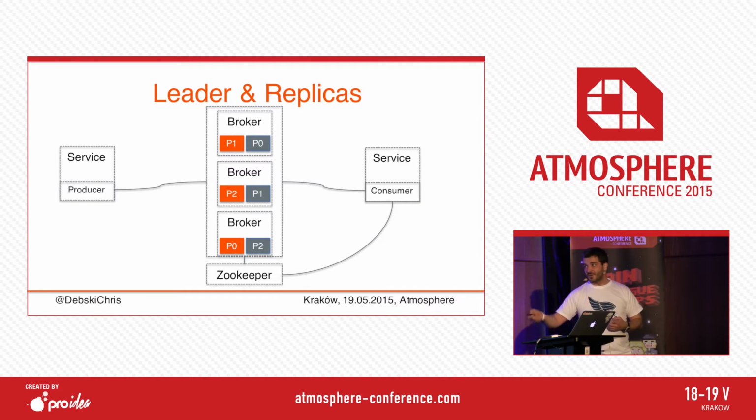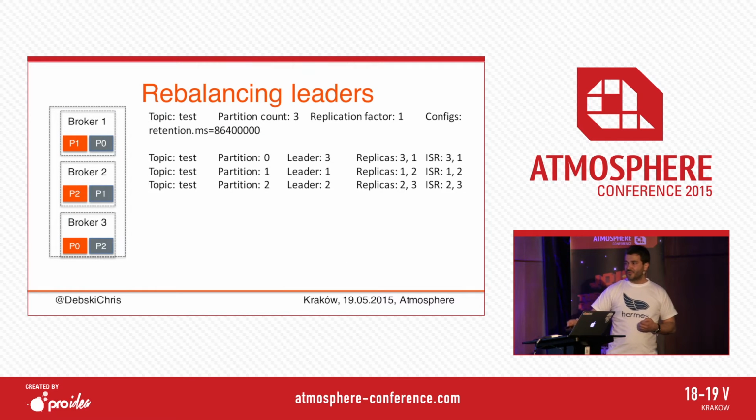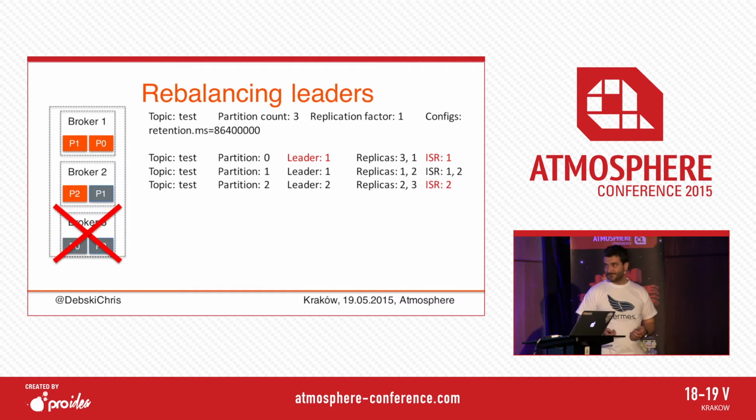So if we have leaders distributed evenly, it is really easy because we read this partition from leader 3, etc. We have 2 replicas that need to be in sync, and we have ISR. ISR means those 2 replicas are in sync, so they have all the data that is on the leader. So what would happen if we just kill one leader?